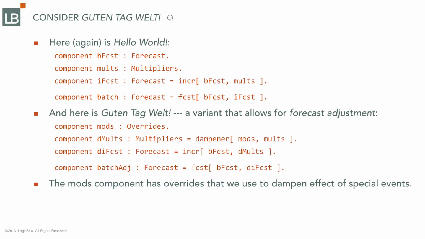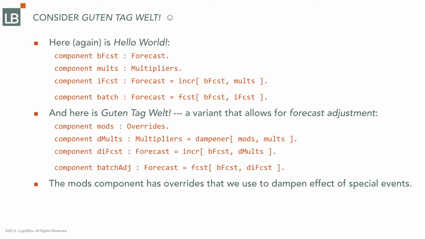And so typically in these applications, one common adjustment scenario is to go in and allow the users to change by some percentage the multipliers that our forecaster calculated to compute uplift so that they can see its impact on the final forecasts. And so what that dampener refinement is doing is applying those overrides, by virtue of being parameterized by that mods component, to multipliers to give us another implementation, another component that implements the multipliers interface.